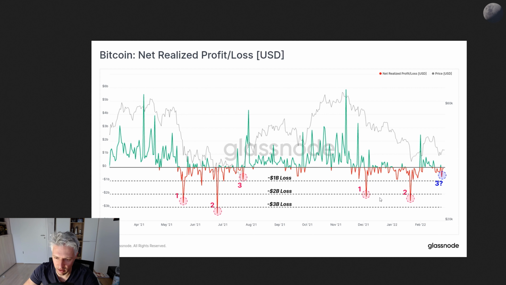And fascinatingly, we now have a very similar structure, almost like a carbon copy. We have now a third peak, which could be very similar to this peak here. If this is true, then we would get a nice rally afterwards. After July 2022, we had a rally that lasted over 4 months straight. So if this would repeat, we would now get a quite bullish breakout.